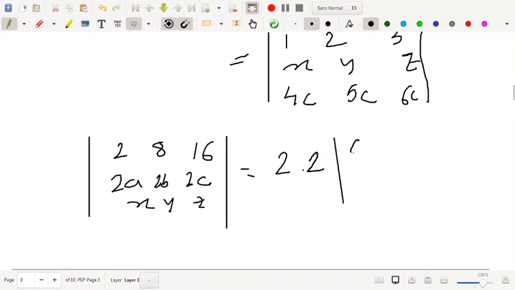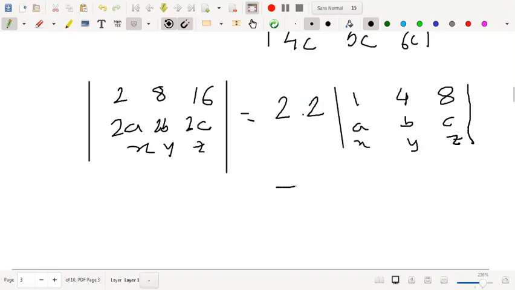So you remain with 1, 4, 8, and A, B, C, X, Y, Z, right? So 2 twos are 4 as a result of that, and 1, 4, 8, A, B, C, X, Y, Z.